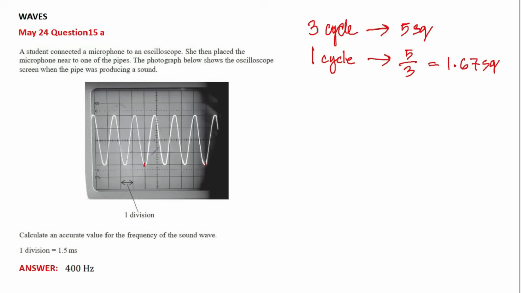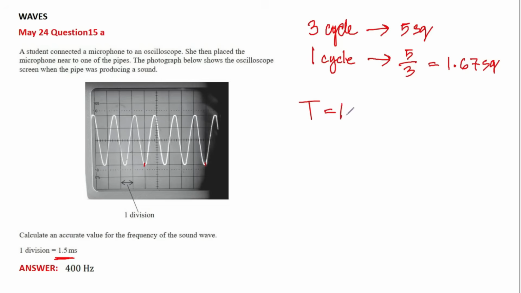Now, one cycle like this should correspond to 1.67 squares, but one square or one division gives you 1.5 millisecond. So time period is always equal to number of squares multiplied by time for one square, which is also called the time base, right?